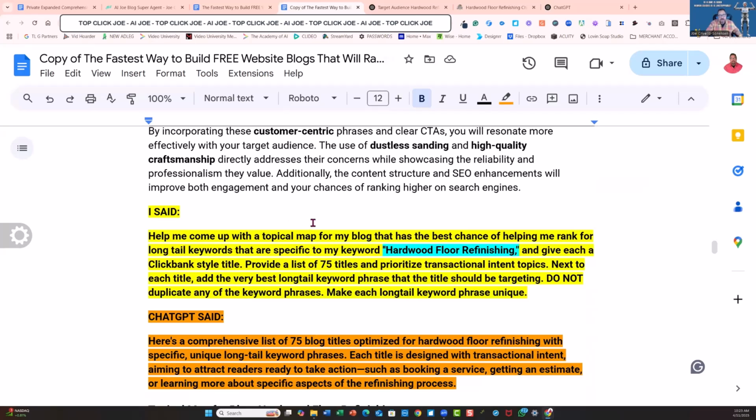Okay, help me come up with a topical map for my blog that has the best chance of helping me rank for long tail keywords that are specific to my keyword. Hardwood floor refinishing, seed keyword, right? And give each a ClickBank. I got this from Wes. I do this, but I say stuff like some of the top copywriters in the world, right? Like you might put in there.